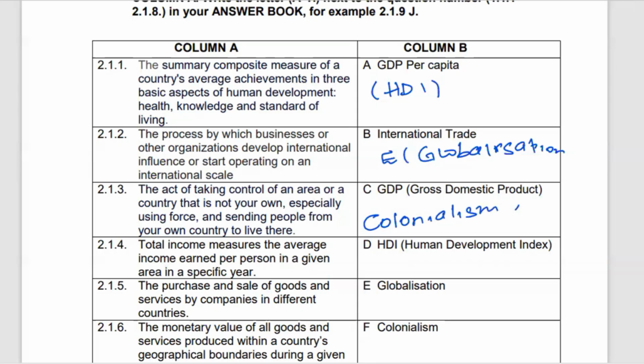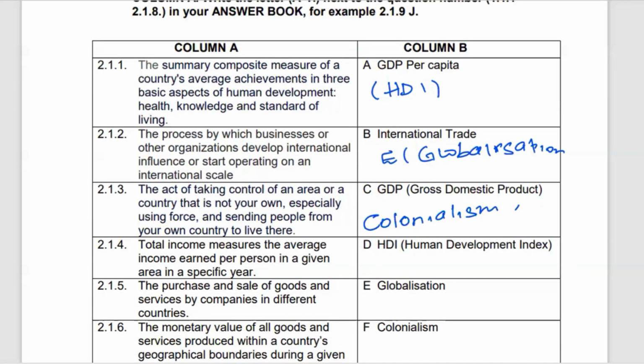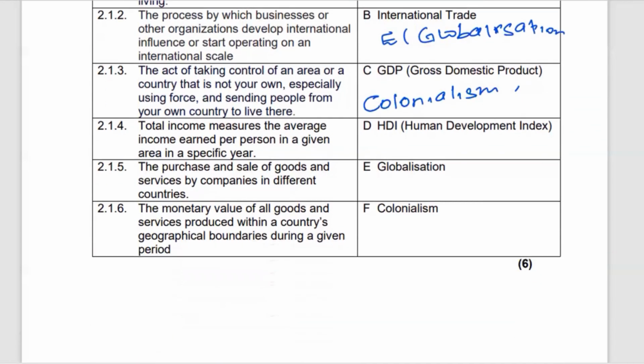Colonialism. Total income measures the average income earned per person in a specific area. That is A, which is GDP per capita.